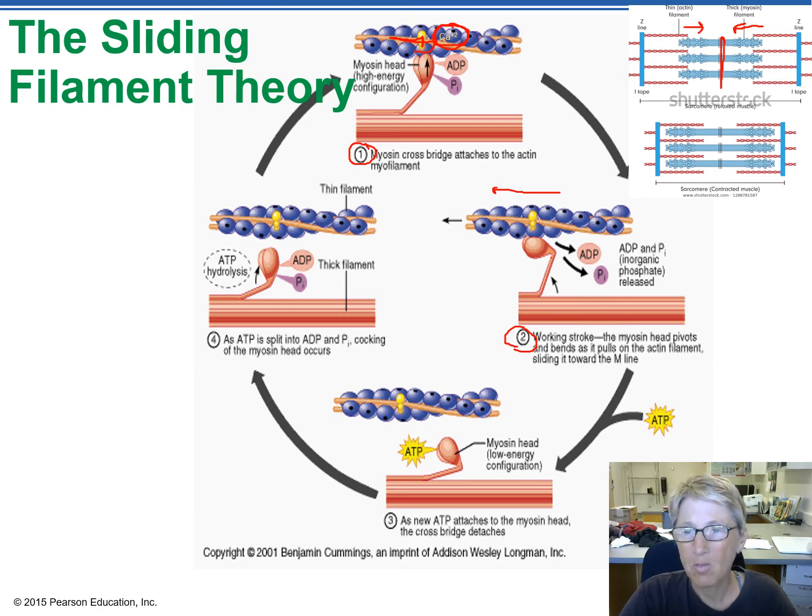As these myosin heads form attachments and detach, they're doing this working stroke that pulls the actin toward the midline, or the M line, of the sarcomere. And in order for the myosin head to detach from the binding site on actin, it needs ATP.